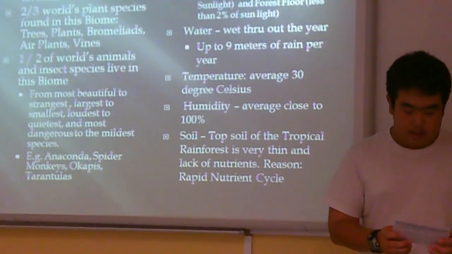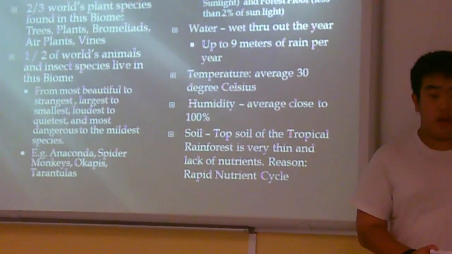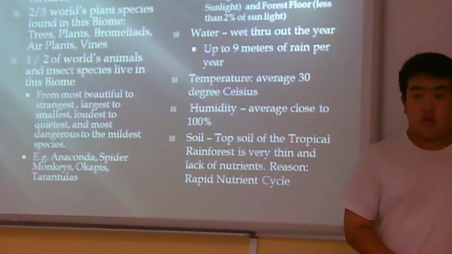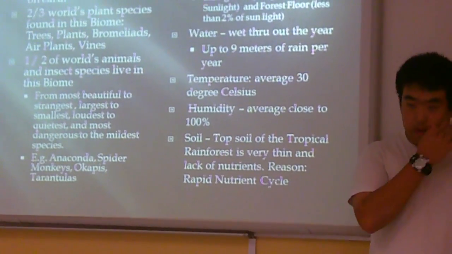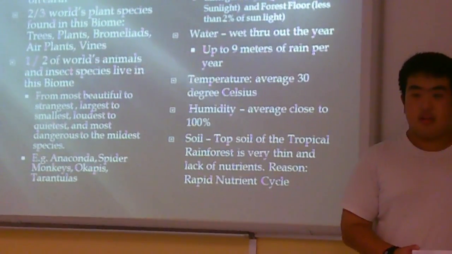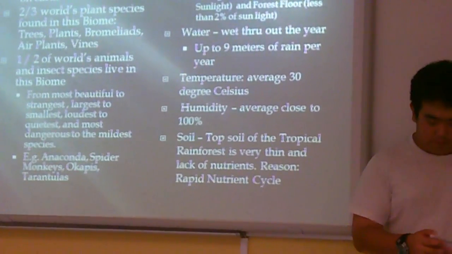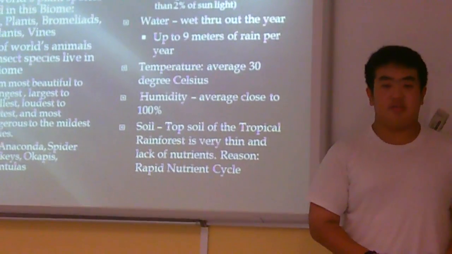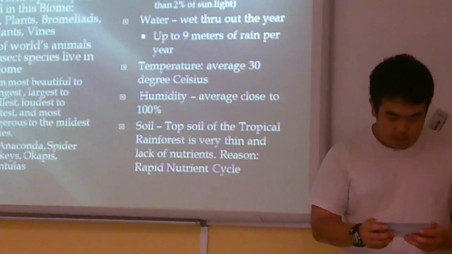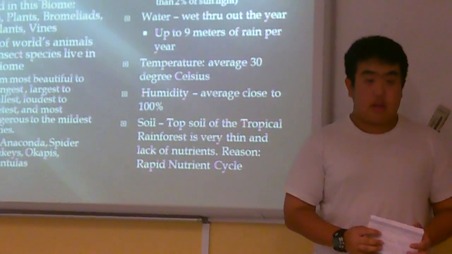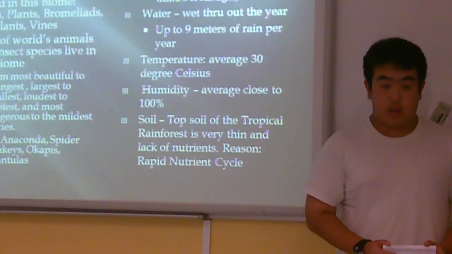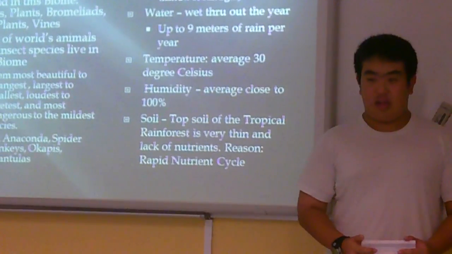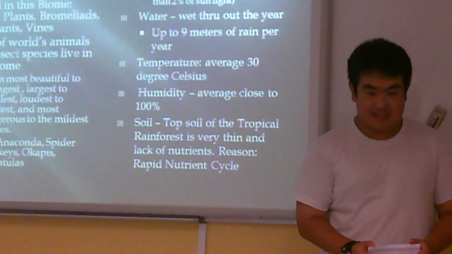The sunlight is where the emergent layer takes in the whole sunlight, and the forest floor has less than 2% of sunlight that they attract. Water goes all year round, and it can go up to 9 meters high.